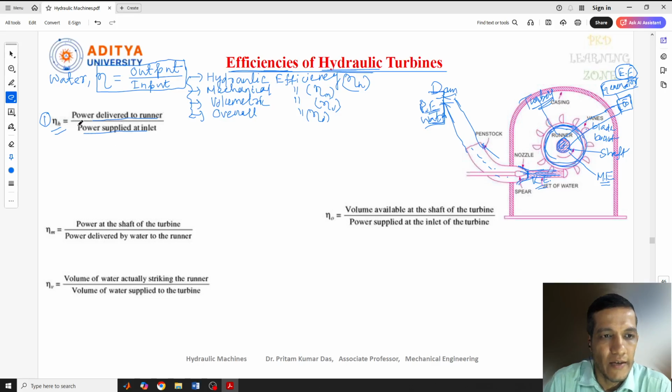So it is the ratio of the power given by the water to the runner of a turbine to the power supplied by the water at the inlet condition of the turbine.